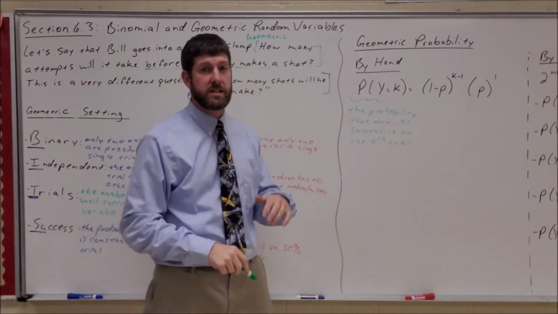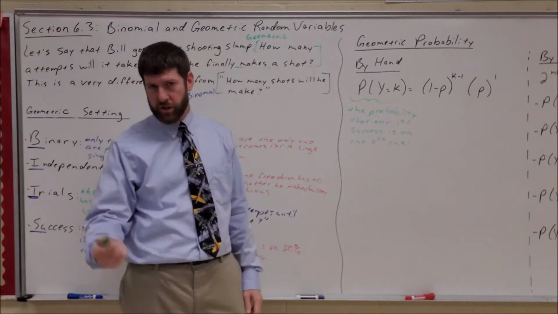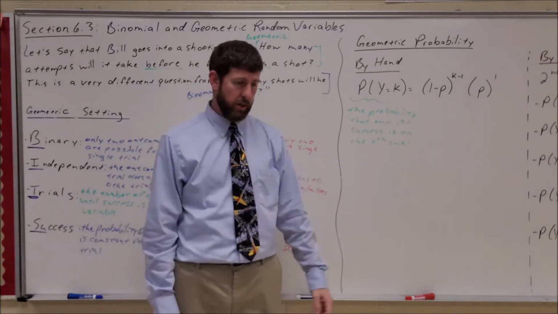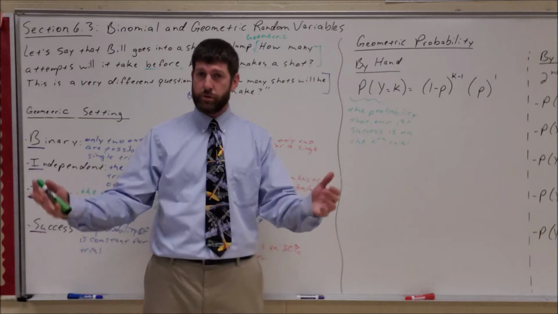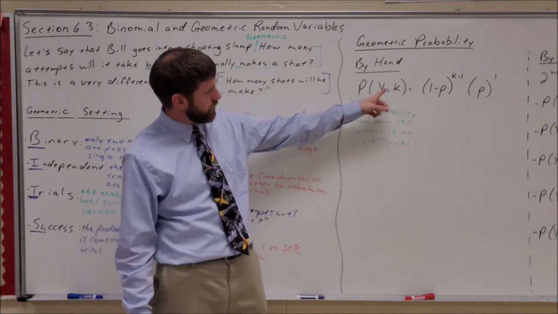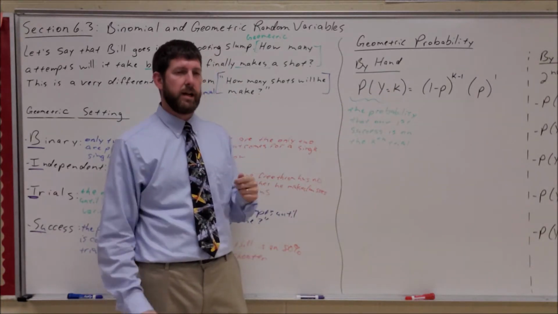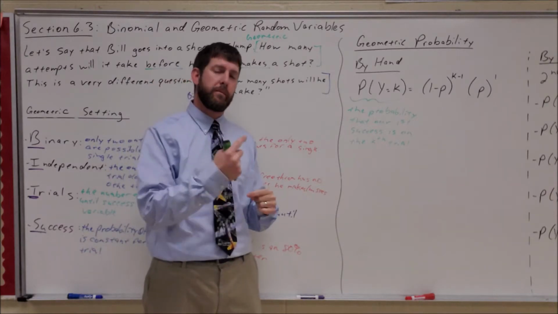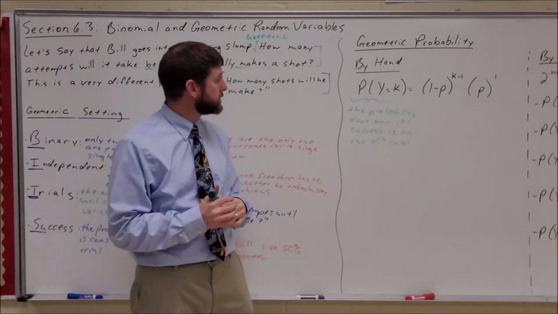So the probability that he misses until his fifth shot, the probability he misses until his third shot, the probability he misses until his 20th shot. That's what we're talking about. So that's what the k represents in this case, the position of that first success.